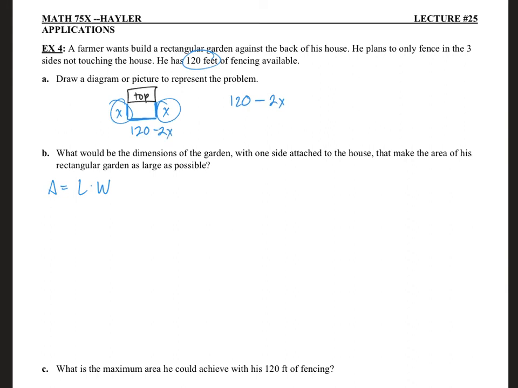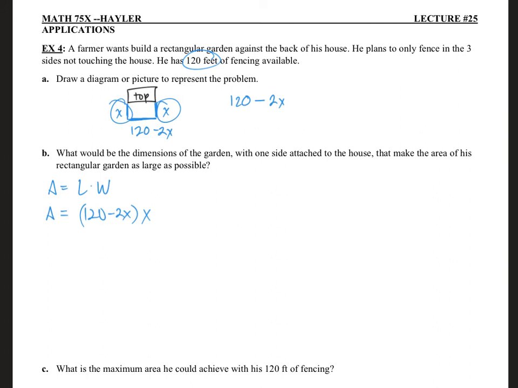So we have our length and our width values. I'll plug those into the equation. The area equals, sorry, the length was 120 minus 2x, times x. Now what we want to find is the maximum, the largest dimensions.